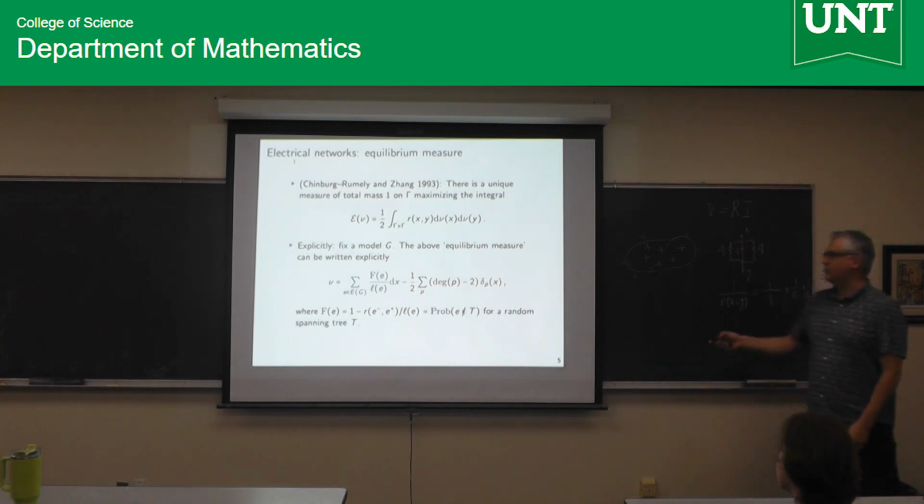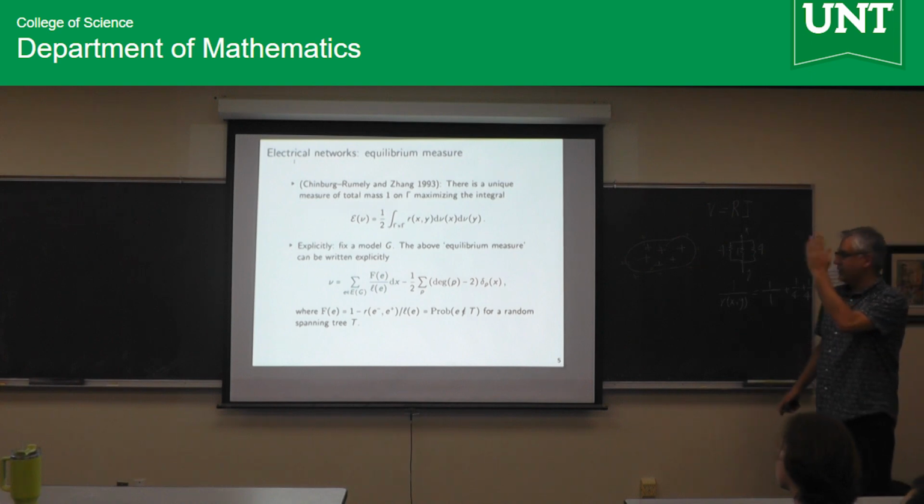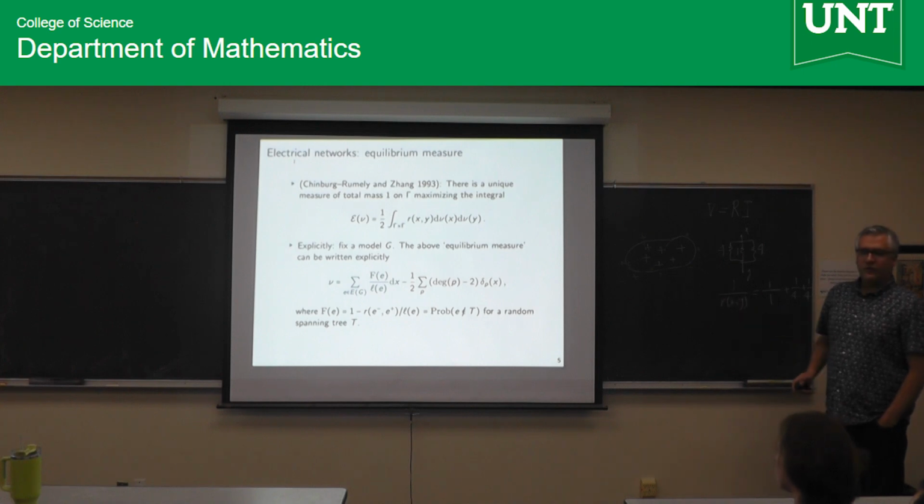And this has connections to probability theory as well. It's something about random spanning trees, but let's move on. I'm not going to use this formula, just this equilibrium measure can be computed, very explicit, it's really cool.